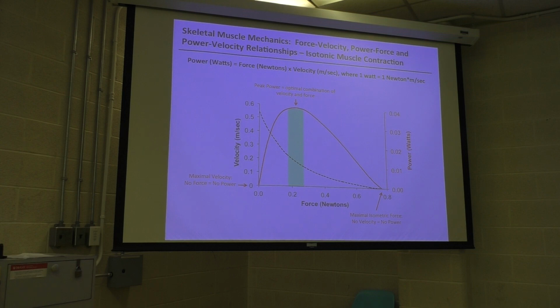It's at the middle of the force velocity curve. You just transform the other graph by multiplying, and you change the scales. Then you start to see that there's an optimal length in the middle.